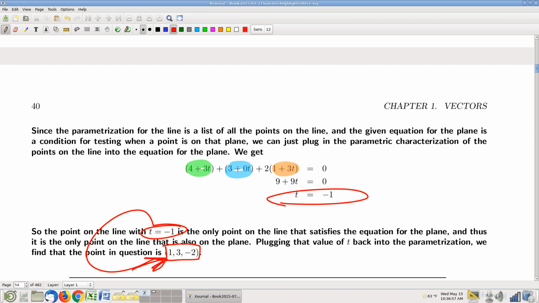Everybody good? Yeah. Is the only way for a plane and a line not to intersect if they're parallel? In 3 space, yeah, that's right. And what we've shown here is that that's not the case, which is good. So how do we know it wasn't? Well, it has to be on the plane because we got to this by saying we require that the point we've generated be on the plane.